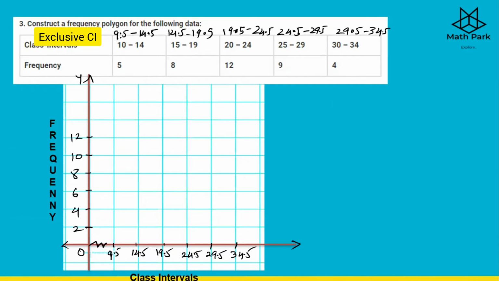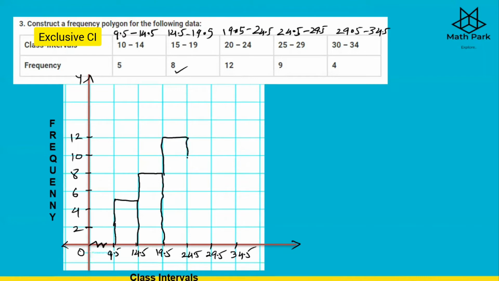Now we are plotting this continuous class 9.5 to 14.5. The frequency is 5, so we go straight to 5. 5 is exactly midway between 6 and 4. Now 14.5 to 19.5, it is 8. So we go straight, and this is our rectangle ready. From 19.5 to 24.5, it is 12.